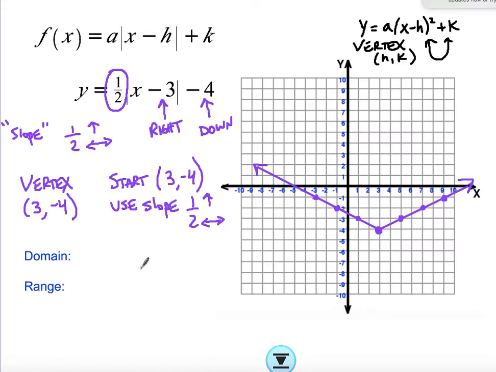Now for domain. Domain are all your x values. So x is looking left and right. This arrow is going to go on forever to the left, and this arrow is going to go on forever to the right. So it can be anything. It can be all real numbers.